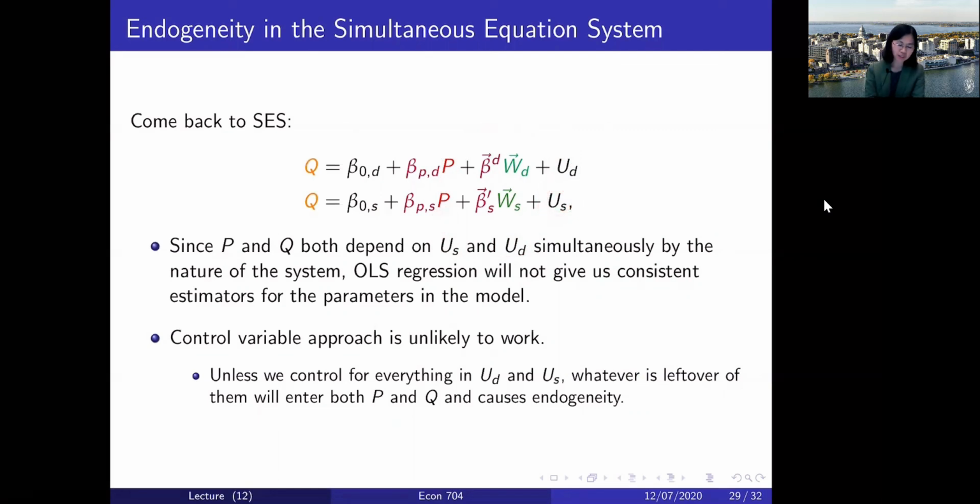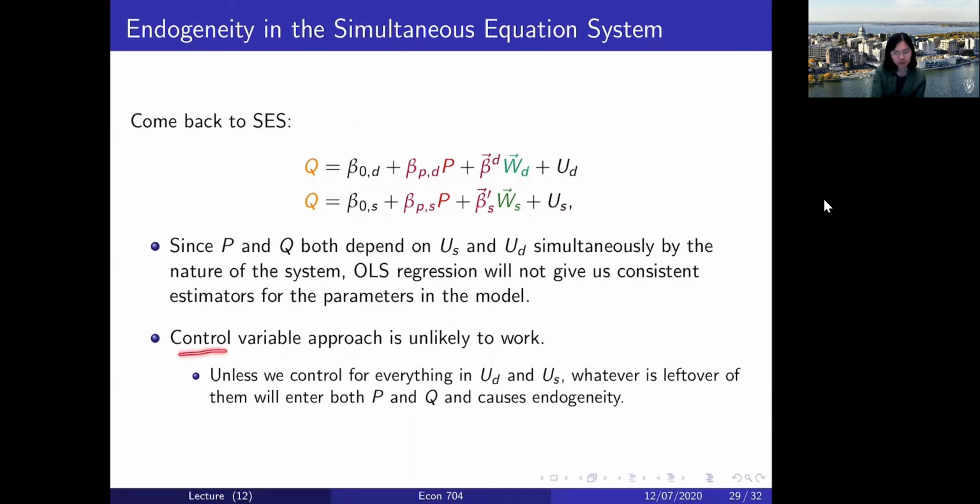Therefore, OLS regression of Q on P will not give us a consistent estimator for either beta PD or beta PS or beta D or beta S. OLS regression of Q on P and the Ws will not give us consistent estimators for the causal effects in this simultaneous equation system.